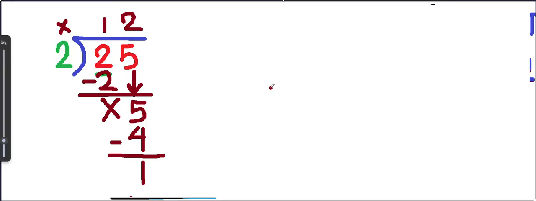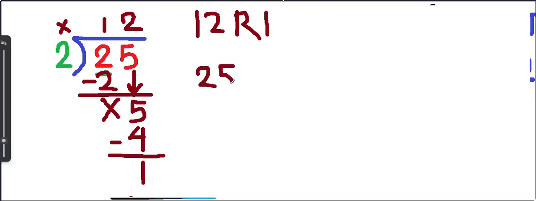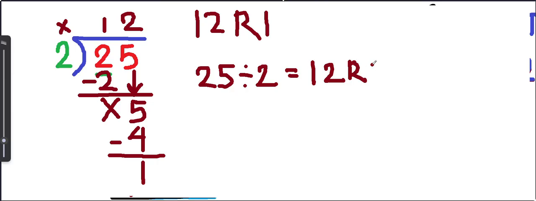Now, how do I write the answer? My answer is 12 remainder 1. So we have a remainder over here. If you want to write it in this way, 25 divided by 2 is equal to 12 remainder 1.